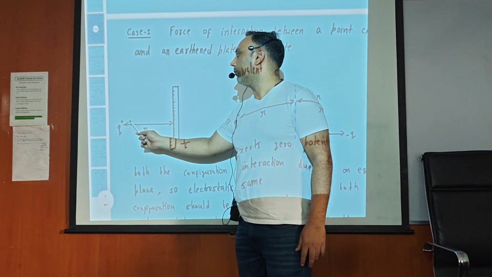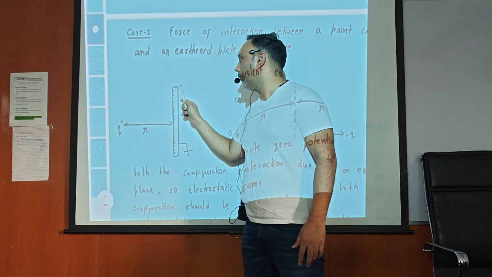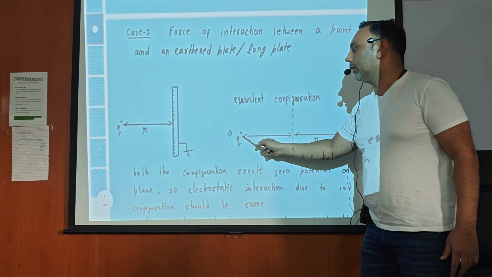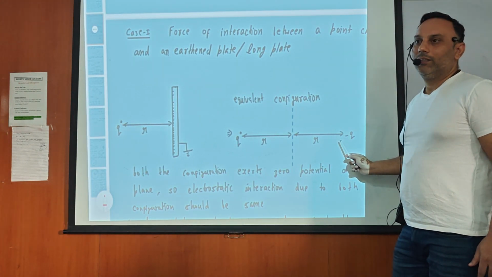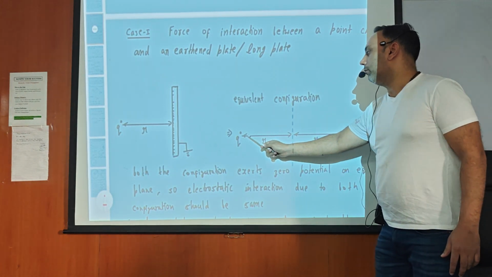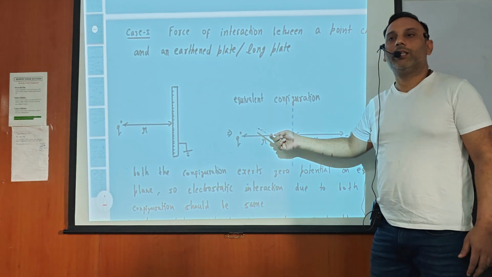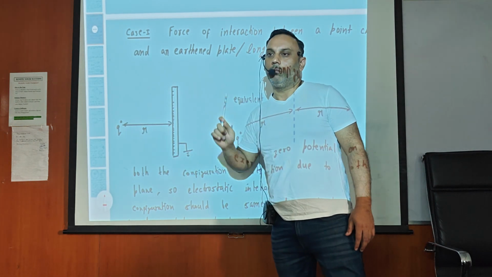Suppose I ask how much force is acting on this Q charge due to this plane. It is basically the force acting on this point charge Q due to this minus Q charge. So the force between them is very easy to calculate: K Q1 Q2 by (2R) whole square. That must be the force acting on this point charge due to this conducting plane.